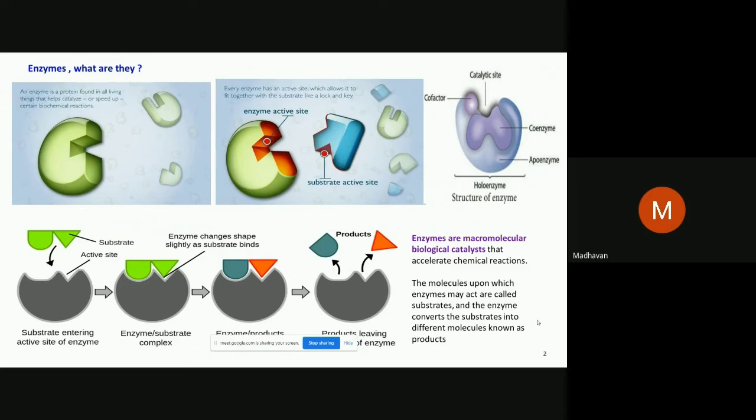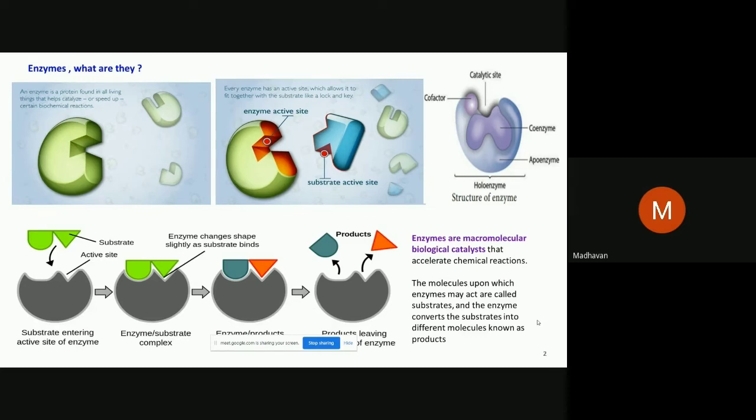The whole enzyme we call a holoenzyme. It contains a protein portion, the apoenzyme, and a non-protein portion, the cofactor, which is required for eliciting the catalytic activity. In some cases there are coenzymes like vitamins. So this is how enzymes work.